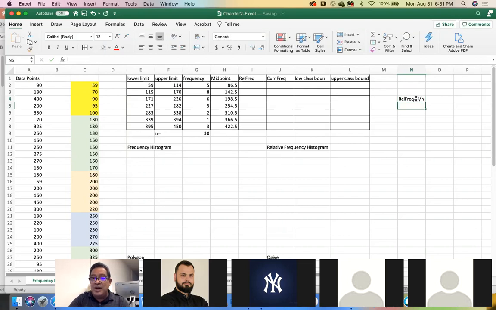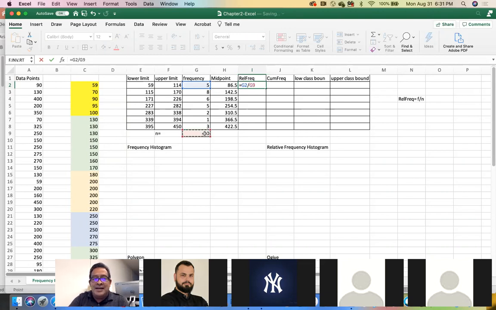So I'm going to apply this formula and find the relative frequency. The relative frequency is basically the percentage. What is the percentage of this number of observations regarding the sample size? So here I'm going to do equal. This is my frequency, and it's going to be divided by the sample size.